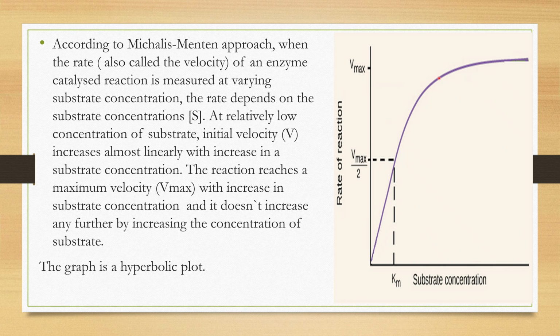After that, if you increase the substrate concentration, your rate of reaction doesn't increase. The velocity at which the maximum rate is reached is called Vmax. And what is Km? Km is the substrate concentration at which your velocity is Vmax by 2. And this graph is a hyperbolic plot.